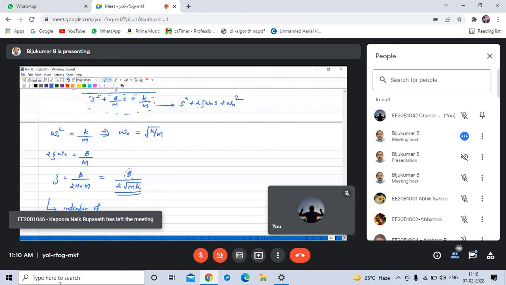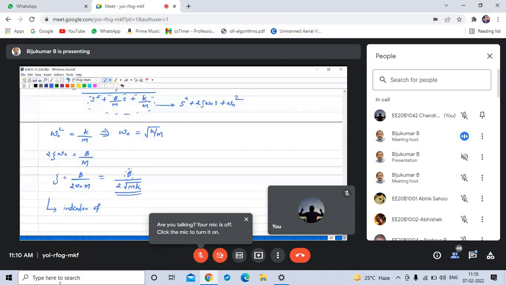Again, this is a dissipating element, right? Unlike the mass and spring constant, the damper represents the dissipating element. So it is an indication of how much energy is dissipated in the system.